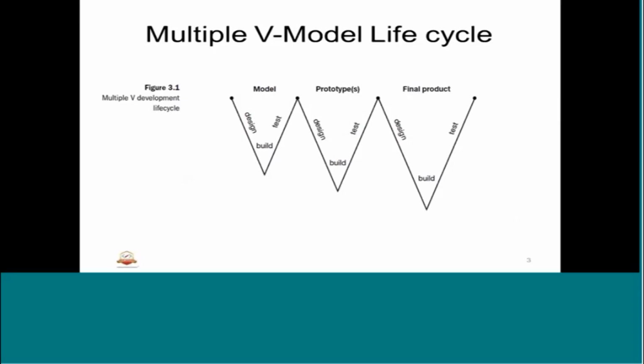Okay, so in this figure you can see how the multiple V model development life cycle looks. We know that we have studied one V in the earlier session. It could be for a model, or for a prototype, or for a formal one. So each one has design, source code, development, and build, and testing: design, build, test, design, build, test. So you can see 3 V's here, 3 V models.